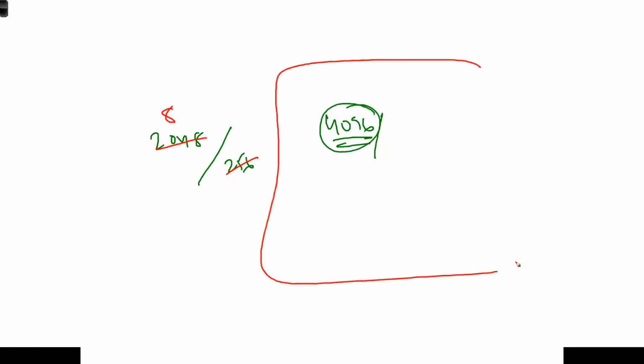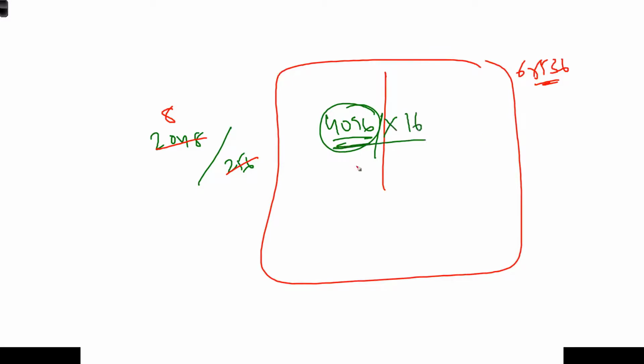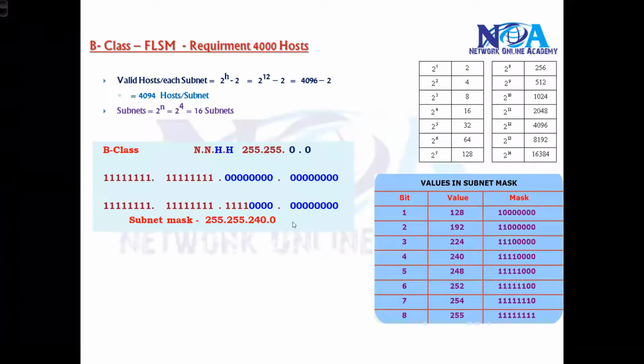So if I go with a 4000 requirement out of 65,536, I get 16 subnets, which means 4096 into 16 is 65,536. Each subnet will be the size of 4096 addresses.